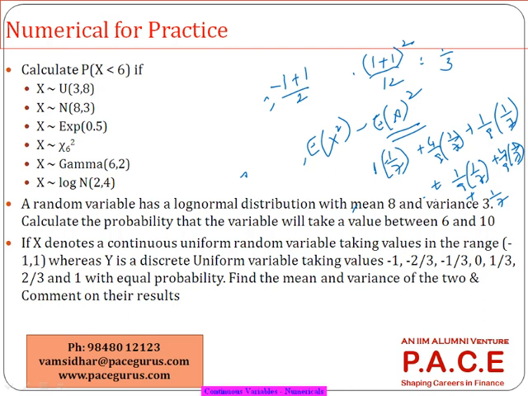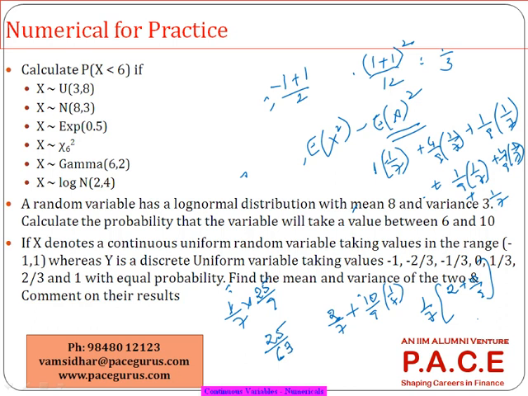So how much is that coming out? 2 by 7 plus 10 by 9 into 1 by 7. If I simplify, it becomes 1 by 7 into (2 plus 10 by 9), 18 plus 10, 28 by 9, which is 1 by 7 into 28 by 9, almost 25 by 63.